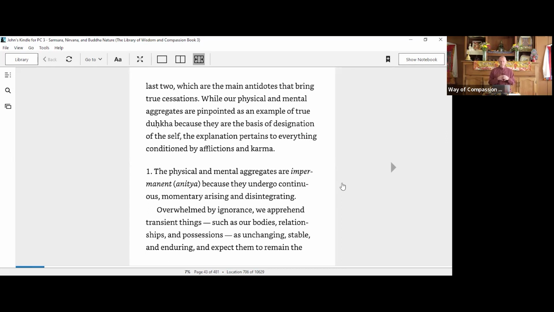While our physical and mental aggregates are pinpointed as an example of true dukkha because they are the basis of designation of the self, the explanation pertains to everything conditioned by afflictions and karma, not just our bodies and our minds. So, pretty nice to know. It's nice how they set it up again, that we're understanding the first 2, then we get to the solutions for the second 2 in a more cohesive way.